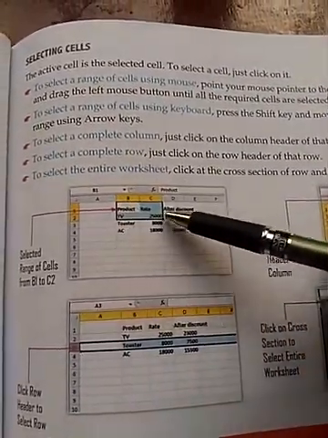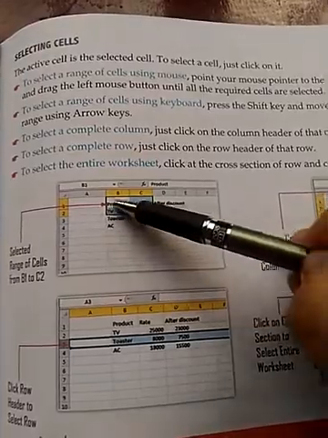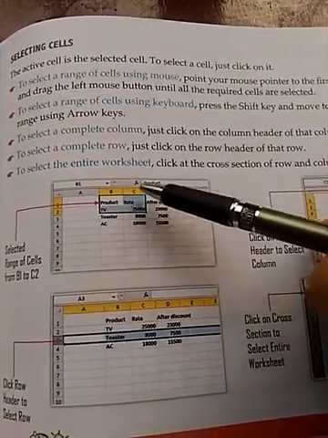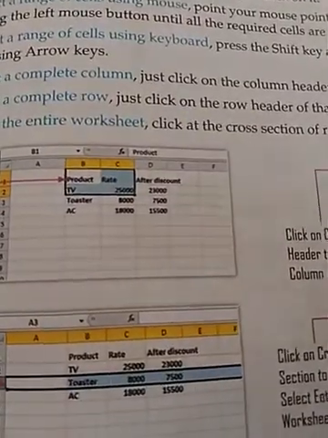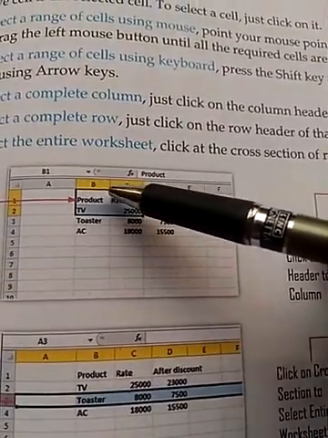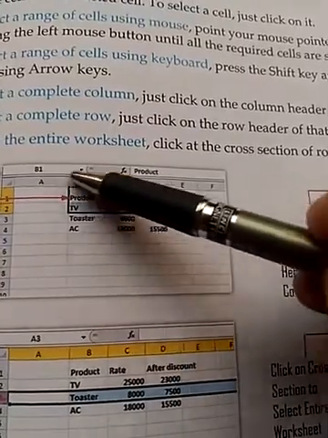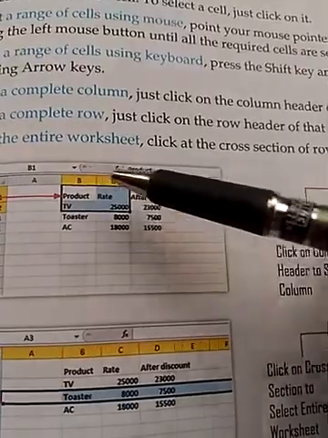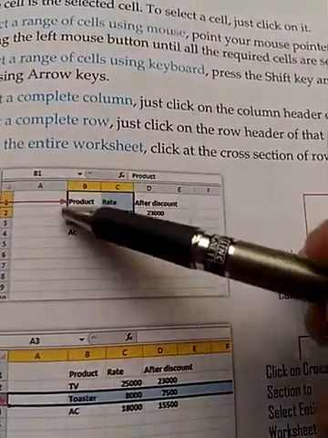The cells over which you drag the mouse will get automatically selected. In this question they have selected this cell, means you place the cursor over here and drag the mouse, it will select these cells.